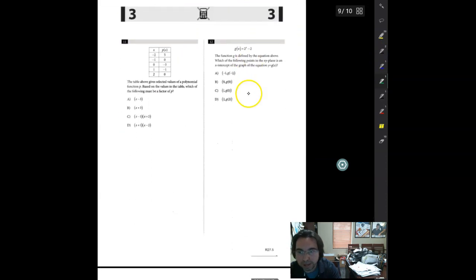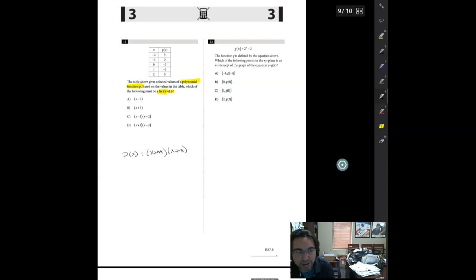All right, looking at number 11, we see we have another function table here, and it's a polynomial function. Based on the values in the table, which of the following must be a factor of p? P is a function, right? So what this is essentially saying is we have some sort of p of x equals some term of x plus m and x plus n.